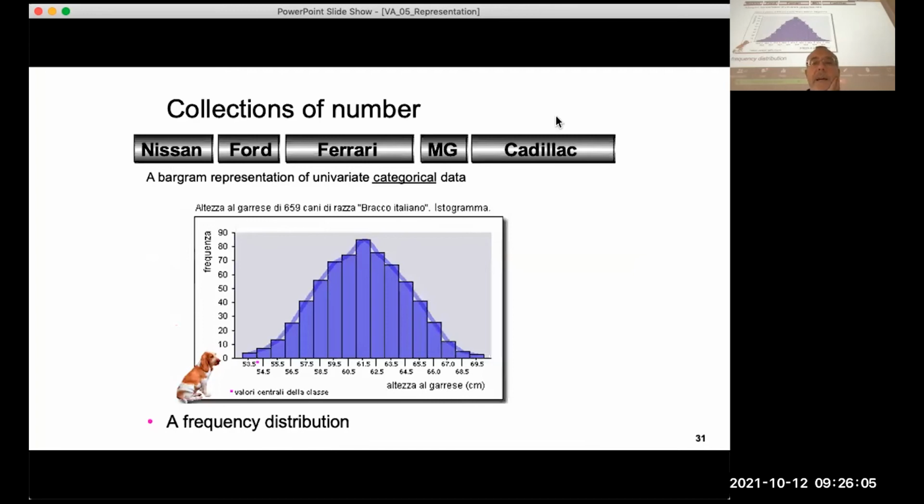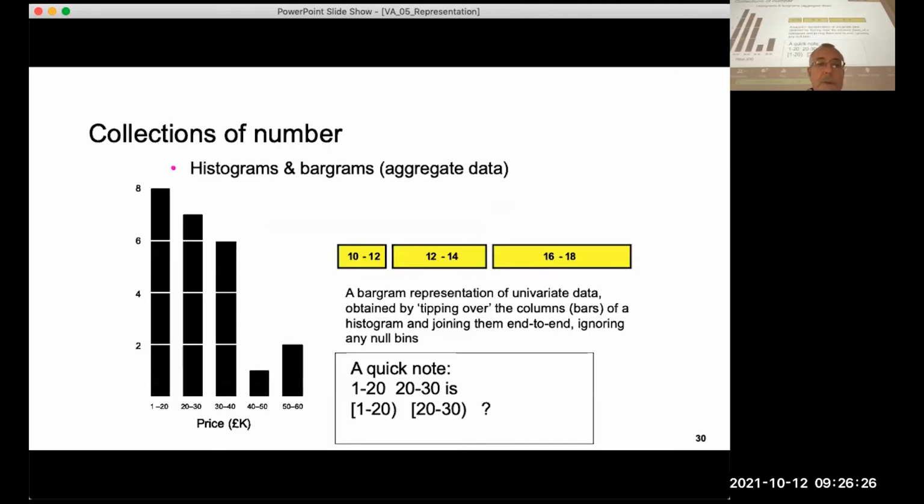Which one is longer, Cadillac or Ferrari? You're not able to answer. If I flip them vertically and put them on the screen close to each other, you will notice a very little difference. Why? Because when you are comparing, for instance, this, they are the same, but I will go to the chat.